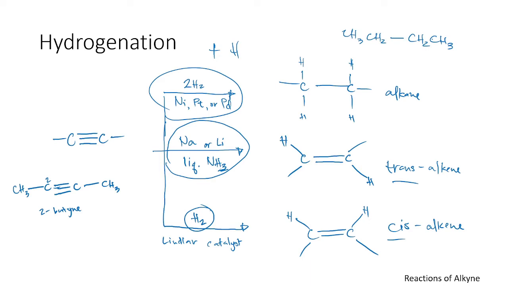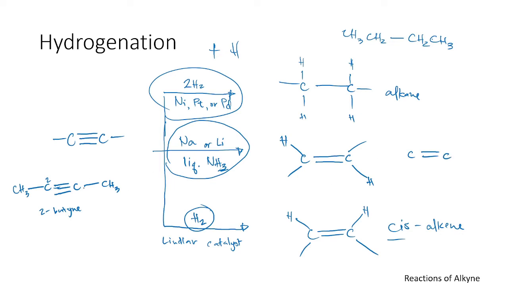So what if our 2-butyne undergoes a reaction with sodium or lithium and liquid ammonia? Let me remove this trans alkene so I have space. We will have trans-2-butene, wherein we have our double bond.